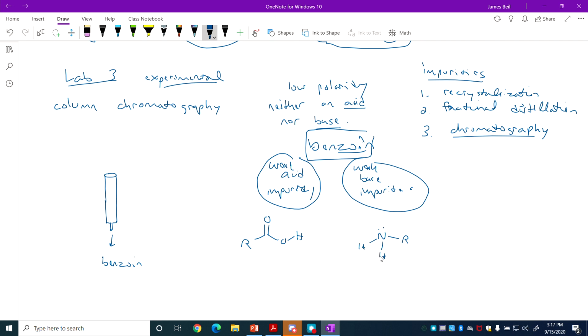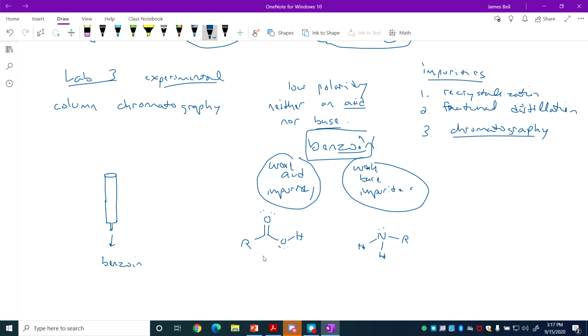Could have multiple hydrogens, could have multiple carbon groups, right? So remember, R represents some group of carbons. So what do I need to remove this acid from my benzoin mixture and have the benzoin come through in its pure form?